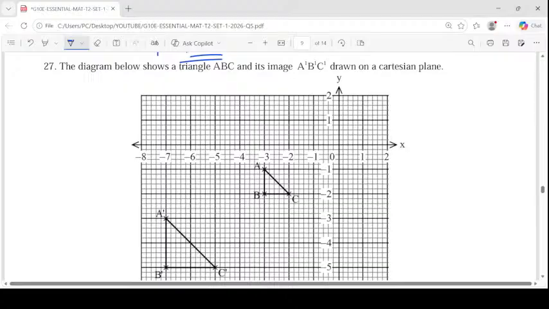The diagram below shows a triangle ABC and its image A prime, B prime, C prime drawn on a Cartesian plane. You can see the object and the image.